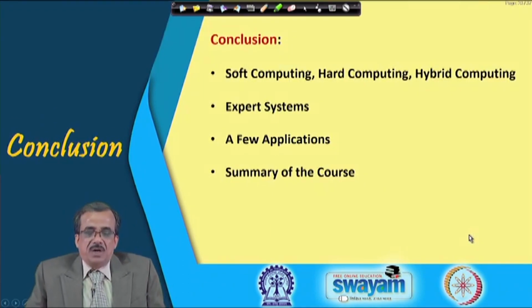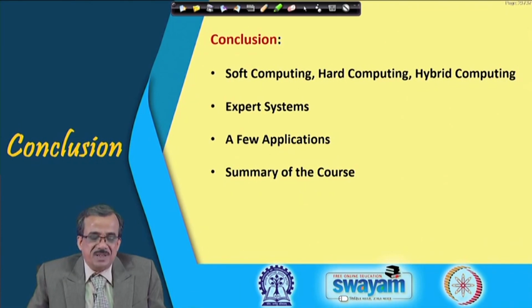Now, to conclude this lecture, that is lecture 9, I started with the definition of soft computing, I defined the term hard computing, I took the example of hybrid computing, and I tried to find out the reason behind going for soft computing tools.